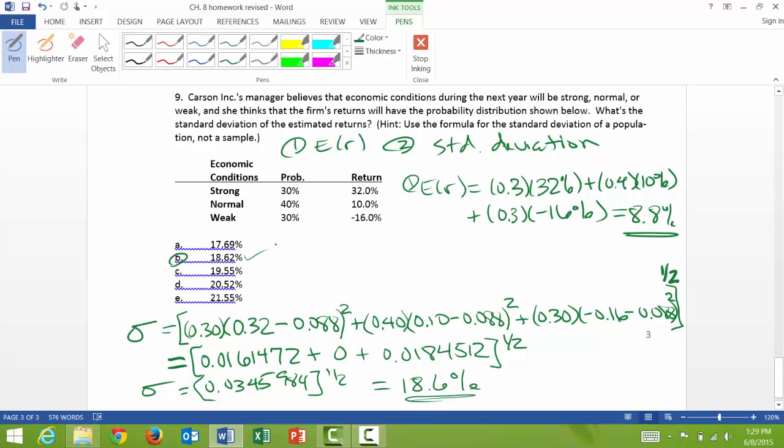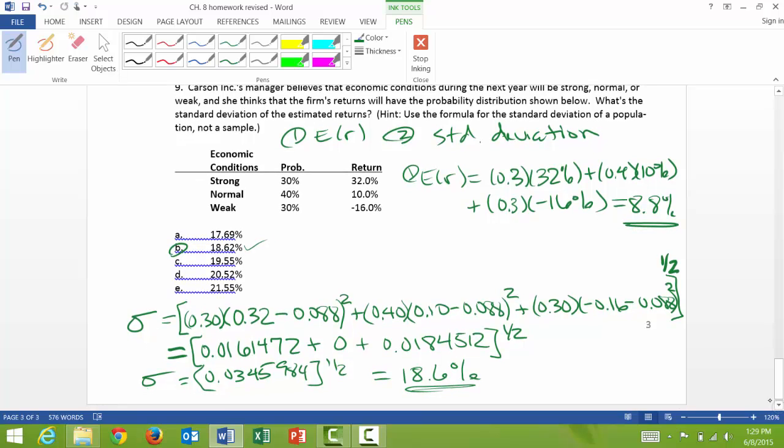If you remember from the PowerPoint lecture, we had High-Tech Collections and USR Company, and they had already calculated the standard deviations for each of those, and I said we would work an example, so here's the example for that one. And I believe that's it for the example problems for this chapter.